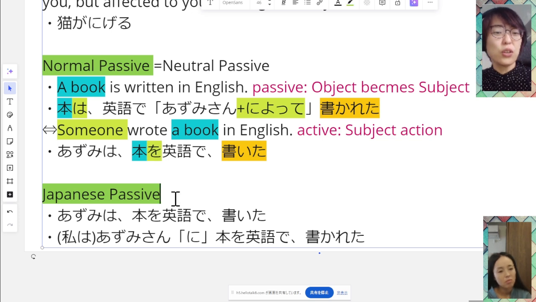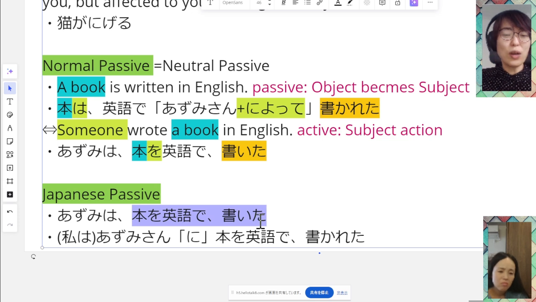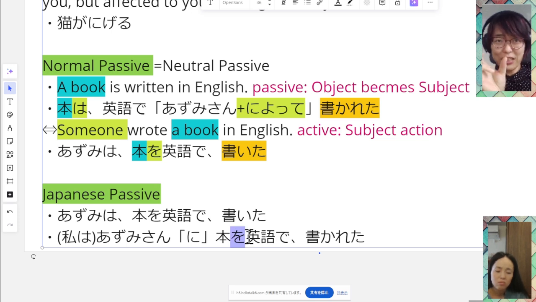But if you came in from out of nowhere, then 本を英語で書いた is still one action that Azumi did. So it all stays as it is. 本を英語で書かれた remains intact.